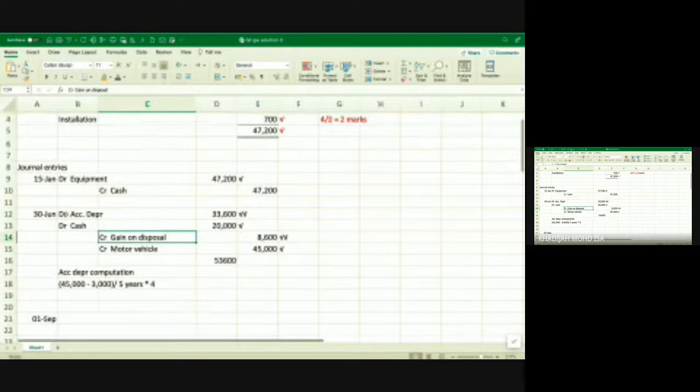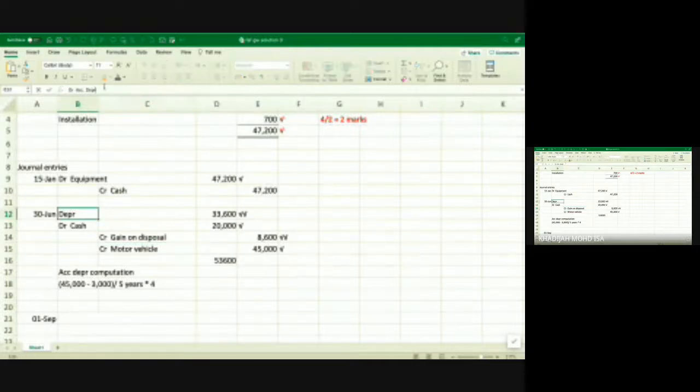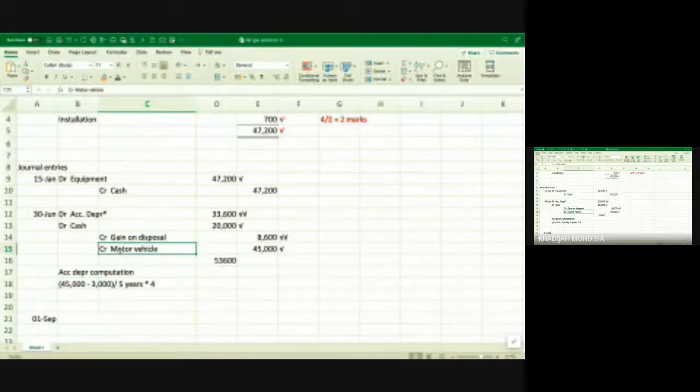Okay. So we put it like that. Okay, how you compute that 32,600. So far so good. So you must know how to record the disposal of the asset. Number one is that you credit the asset account, the cost of the asset, debit your accumulated depreciation, and then you debit your cash because you receive cash, and look at the differences, and the difference is whether it's a gain or loss.